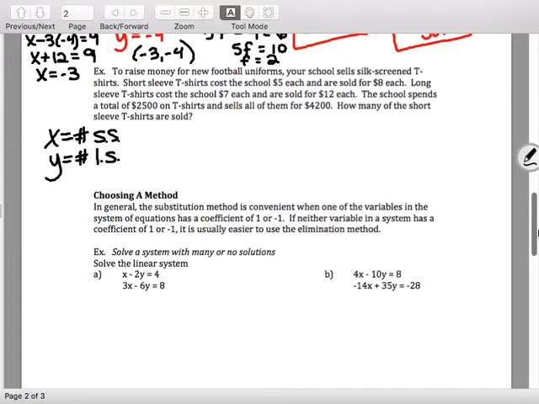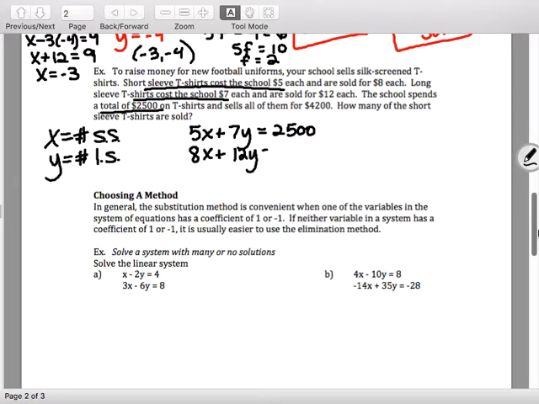So watch this. The short sleeve cost the school $5, and the long sleeve cost the school $7. So 5X plus 7Y, and the school spent $2,500. Then they sold them. They sold the short sleeve for $8, the long sleeve for $12, and they brought in $4,200.